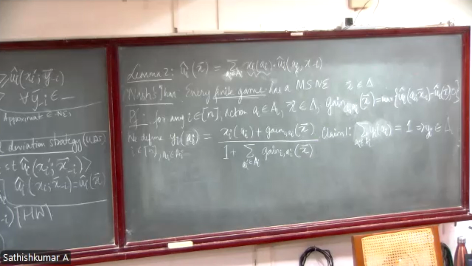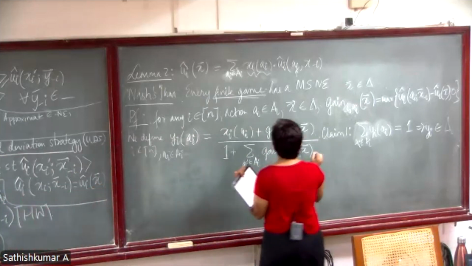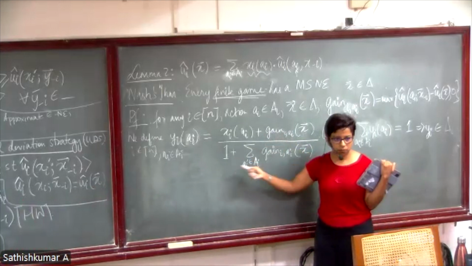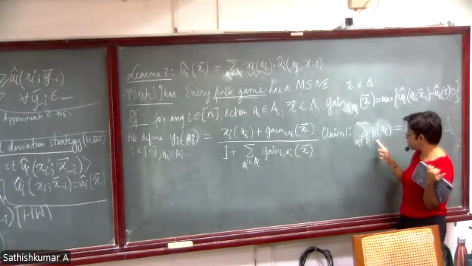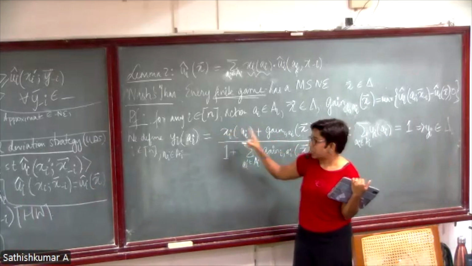Correct? So this perturbation is basically in the numerator, and the denominator basically allows us to do this. When I do a summation over all the ai, you get a summation here, right?